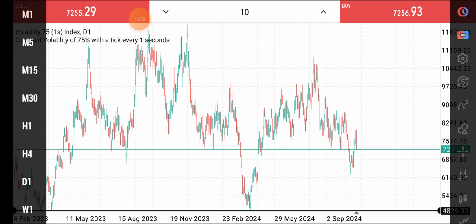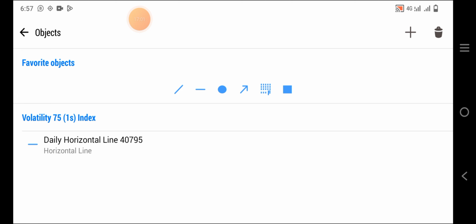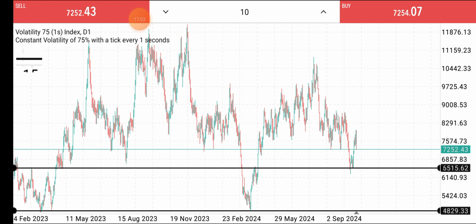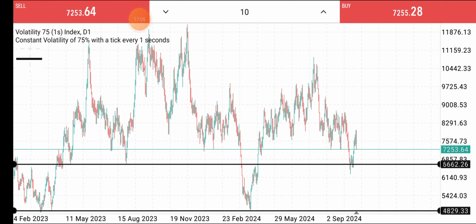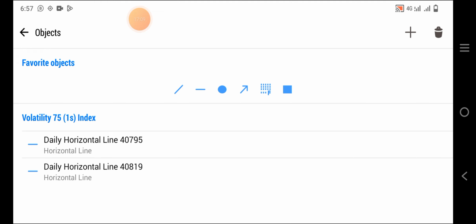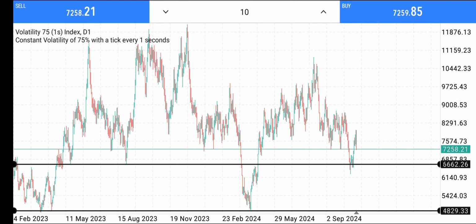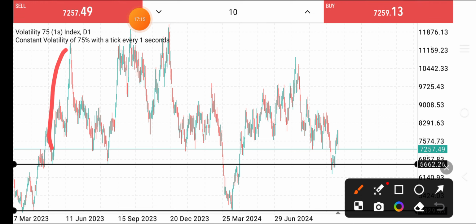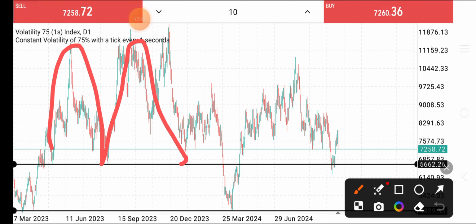Now I pick up my horizontal line again to mark another level. It's another level where the market made a move from this side. You can see the market bought from here, got to this point, respected that level, got to this point again, respected that level.